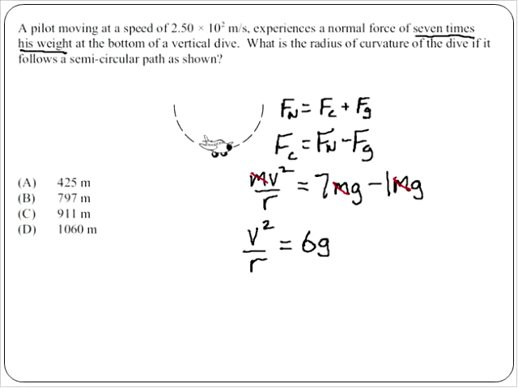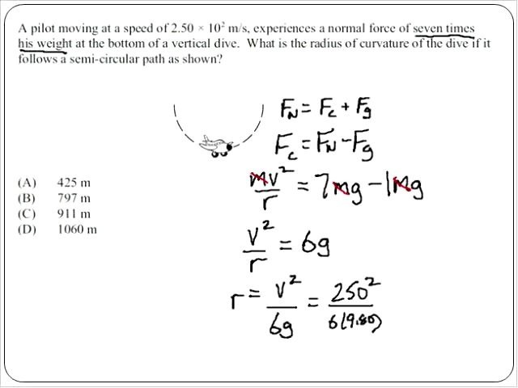So that means that if I want to know what r equals, I just rearrange that equation, and I get v squared over 6 times g. So I've got my 250 meters per second squared divided by 6 times 9.80.